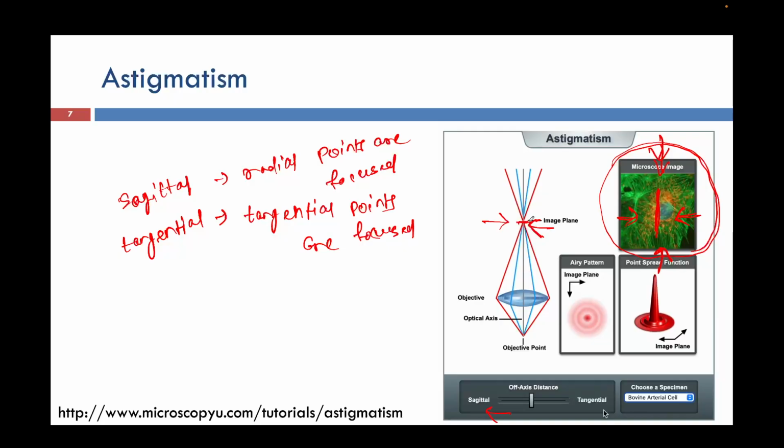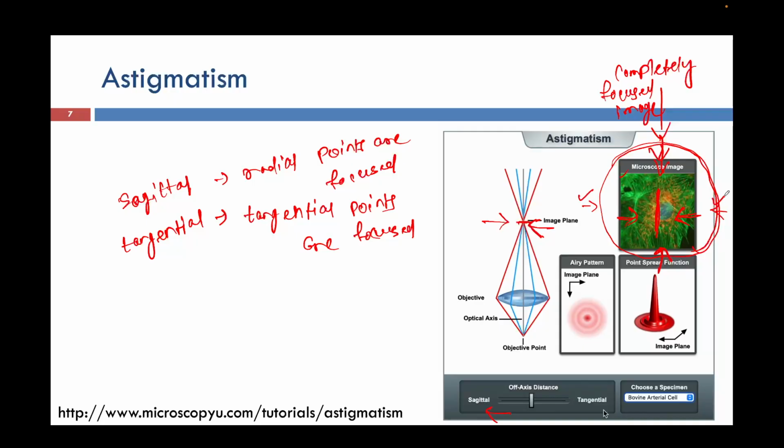Currently this is a completely focused image. You can see this point, you can see this point, every point you can see. But if you go from the optic axis towards the tangential plane, then what will you see? You will not be able to see from this side. This side's features are getting blurred. Similarly, when you are going from optic axis towards the sagittal plane, what will happen? You will see these planes.